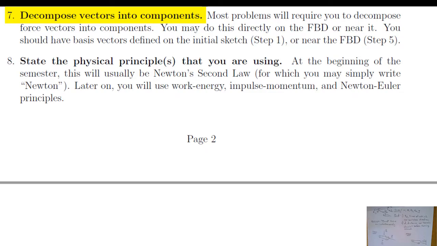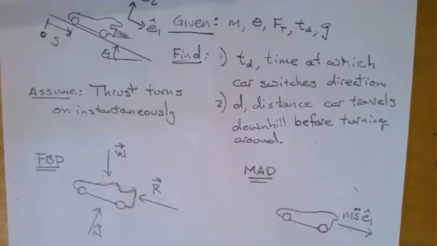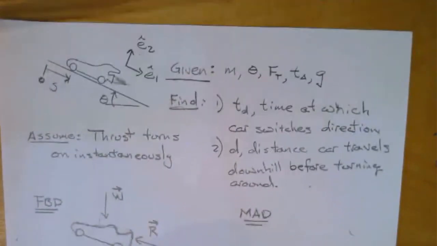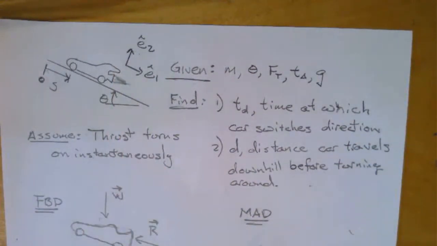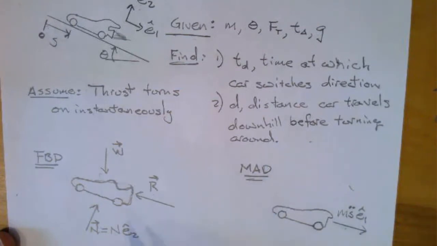That's the step we skipped just a moment ago. Go back to my problem-solving checklist. You see step number 7 says decompose vectors into components. So that's why that was there. This normal vector, for example, is going to be all in the e hat 2 direction. E hat 2 is perpendicular to our roadway. It's normal to the roadway. And notice how I wrote this.